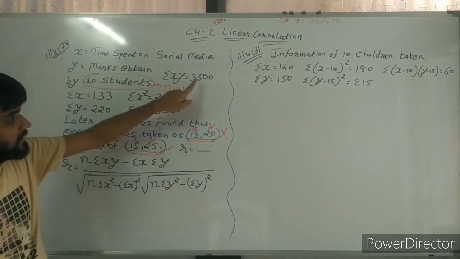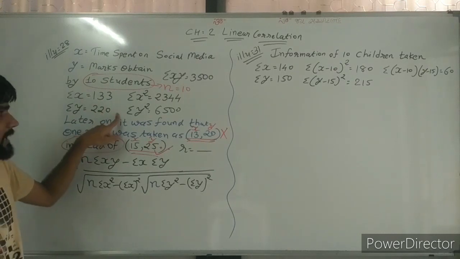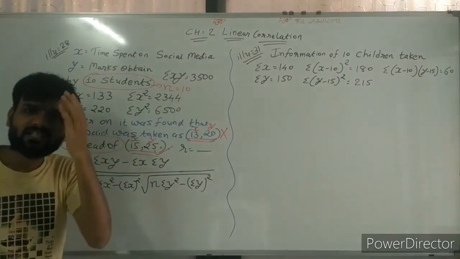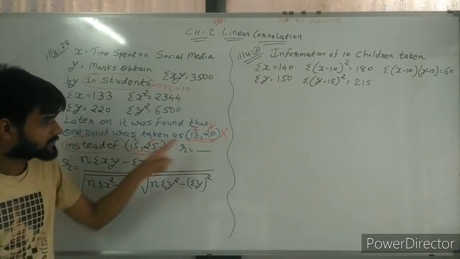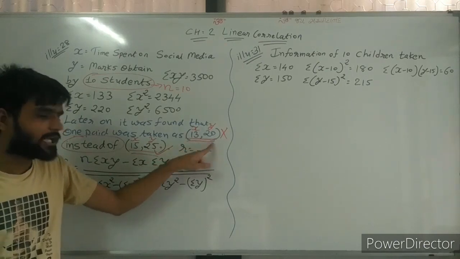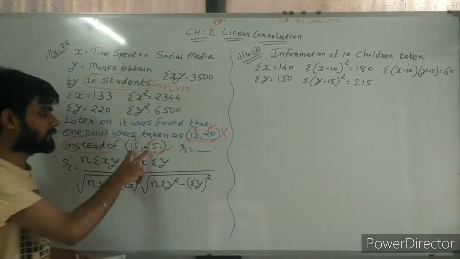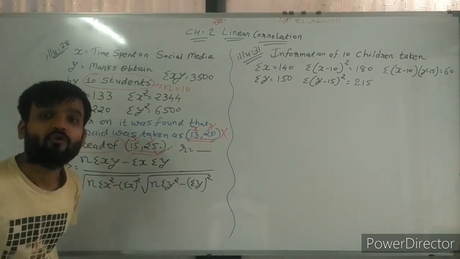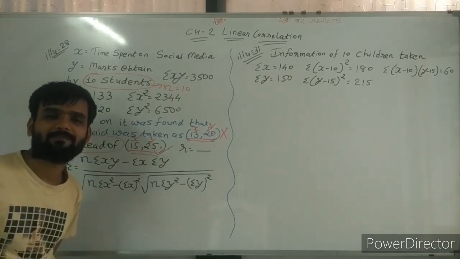It means this sigma xy, sigma x, sigma y, sigma x square, sigma y square are wrong calculations, because in them 13 and 20 is taken, and actually it was 15 and 25. So first of all, what is our step?